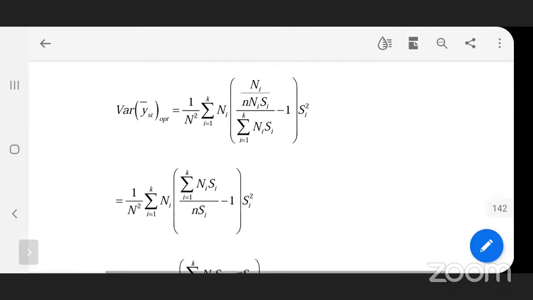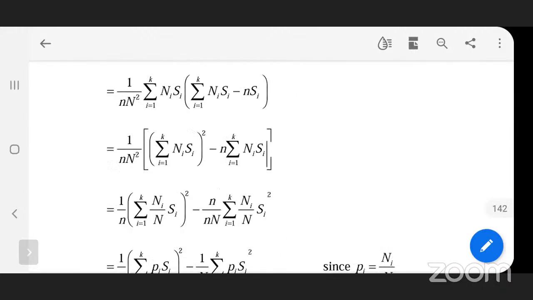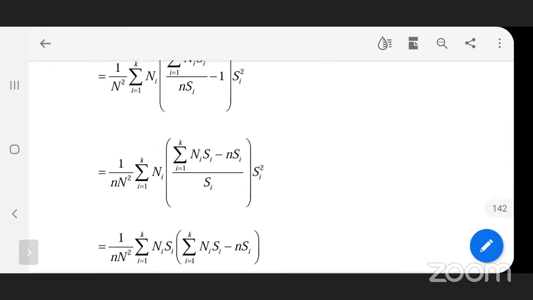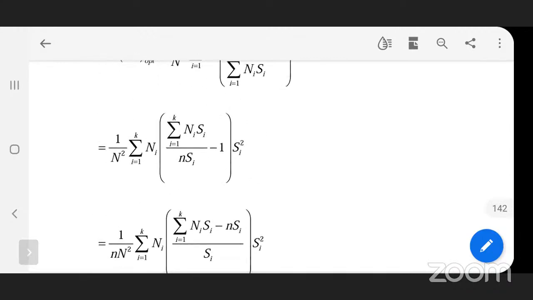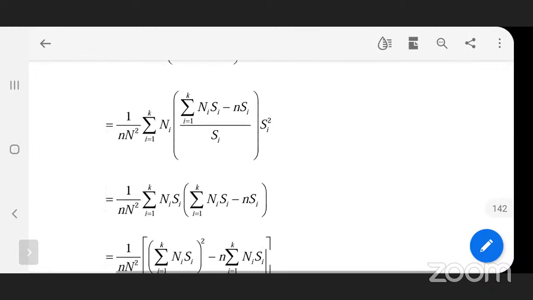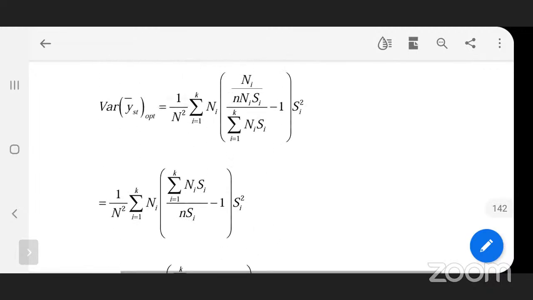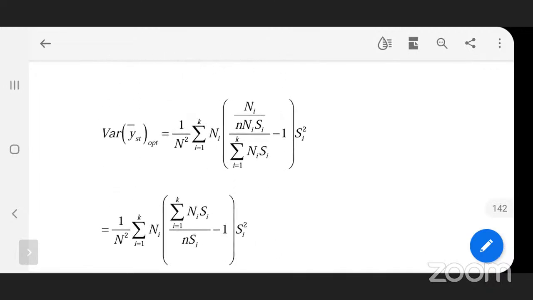So again I will substitute the optimal allocation value, then take the common terms up to the k groups of the strata. So here I can get the simplification: 1/N² Σ Ni (N Ni Si / (n Σ Ni Si) − 1) Si².